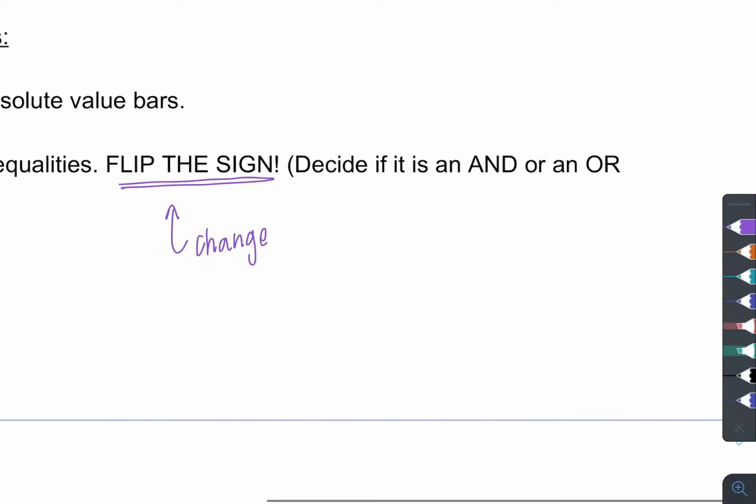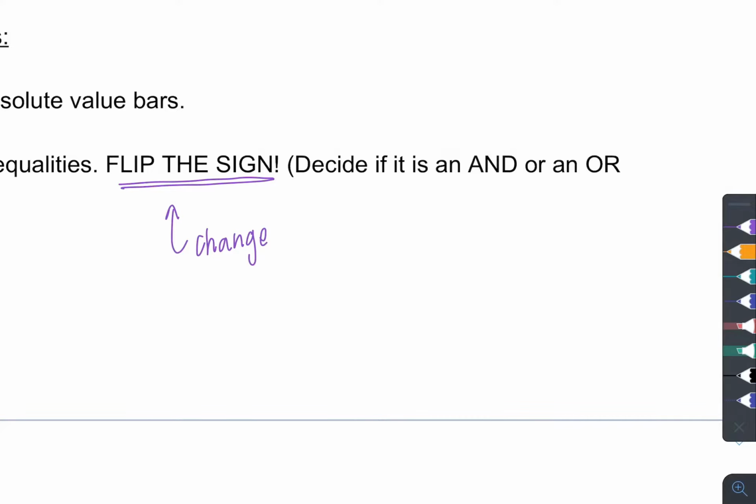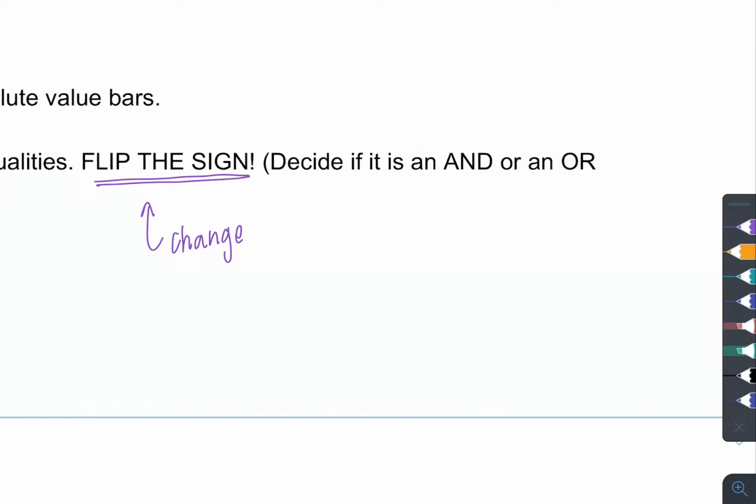All right, so for and, there's a little phrase to help us remember. When we have greater than, great-or than, it's going to be an or inequality. So it's going to look like these are our signs.